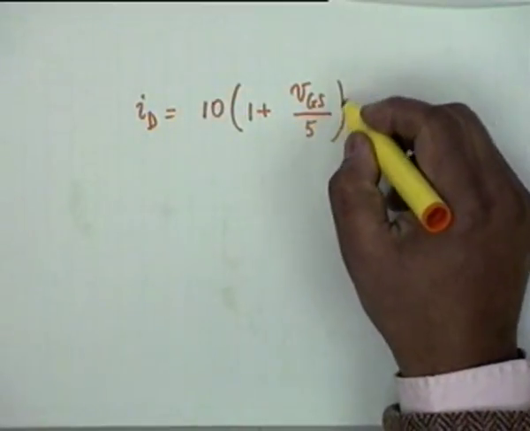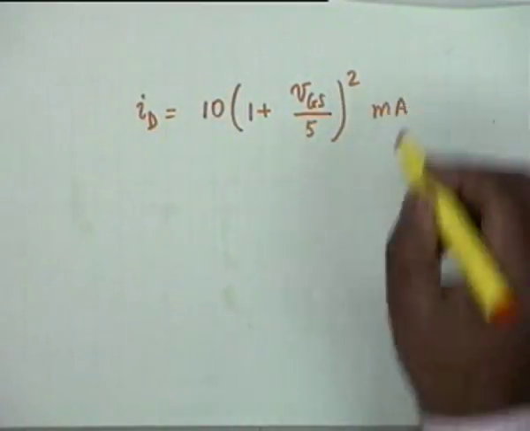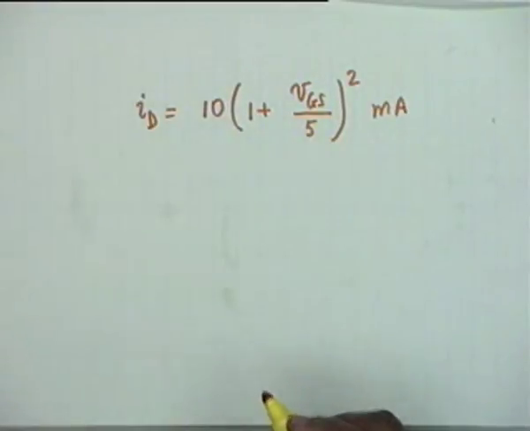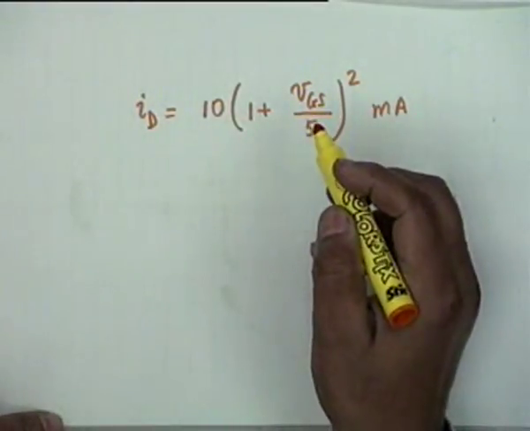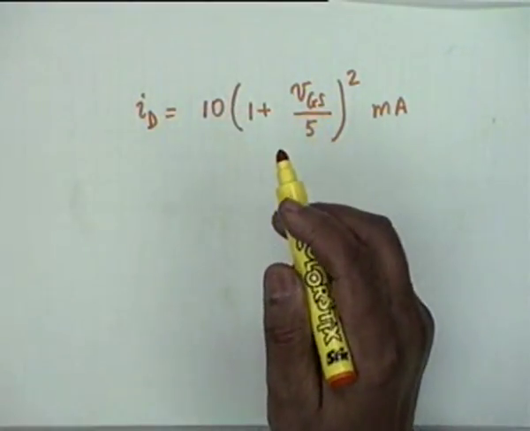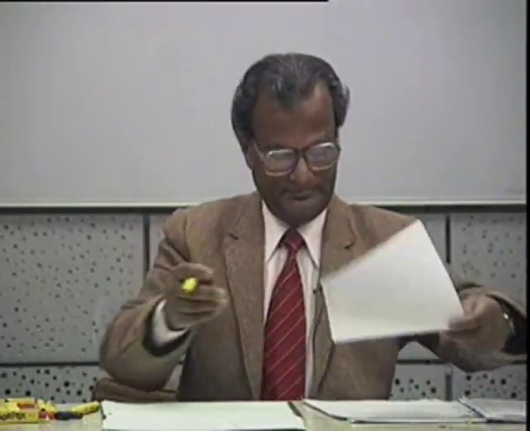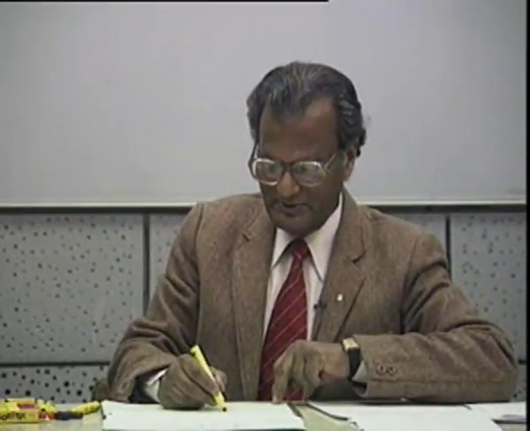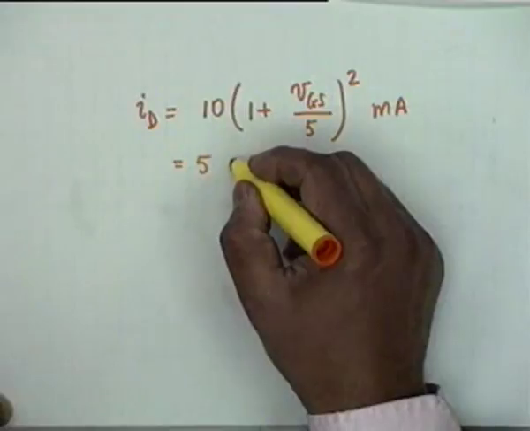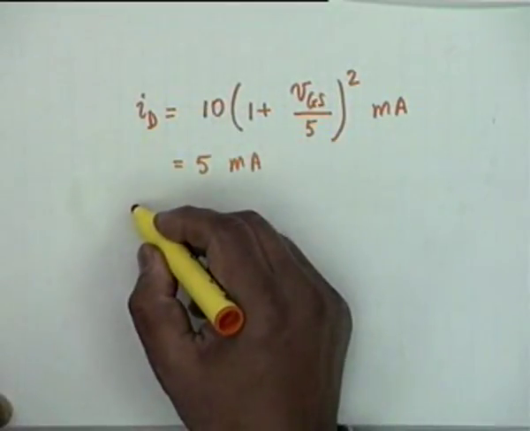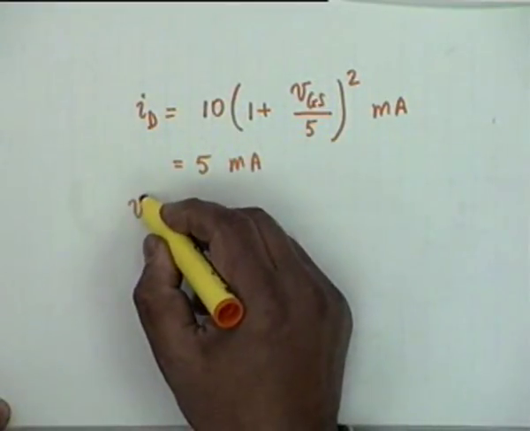And what I want is that ID should be equal to 5 milliampere. Therefore, this should be equal to 5 milliampere, which gives me a solution for VGS.